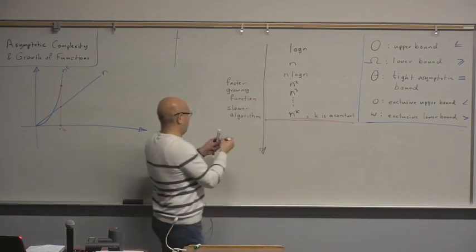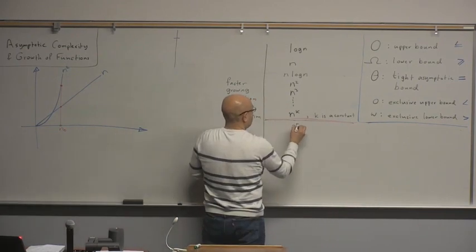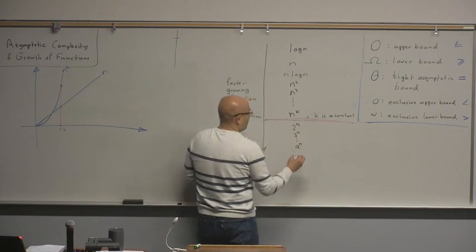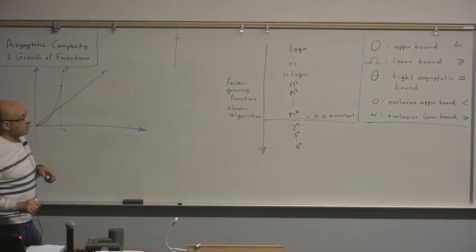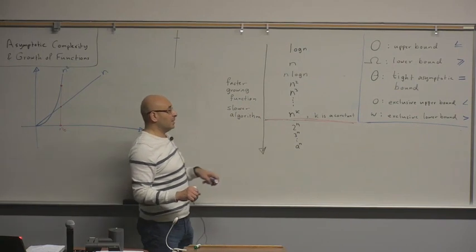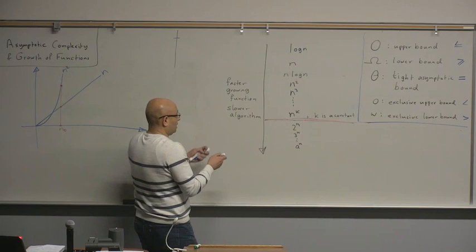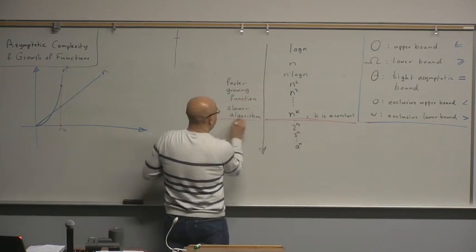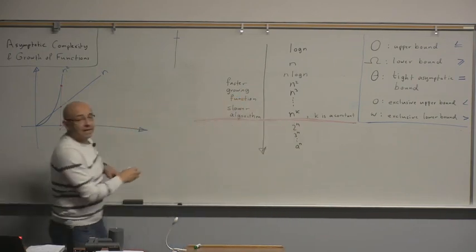Then we have 2 power n, 3 power n, a power n. So what do we call these functions? Exponential. So these are exponential. So this is the polynomial. So this red line defines the boundary between polynomial and exponential.